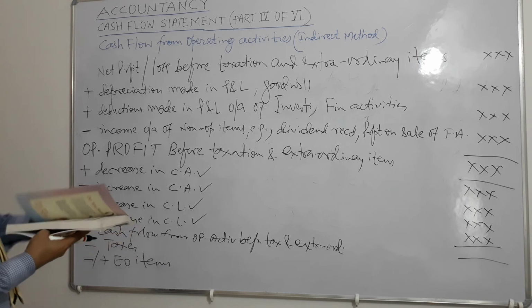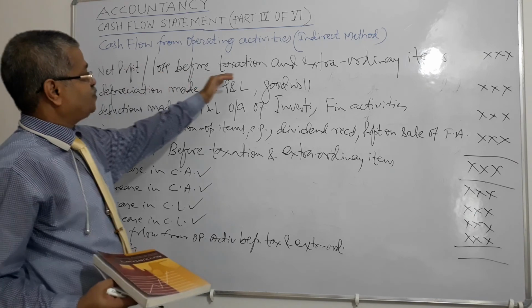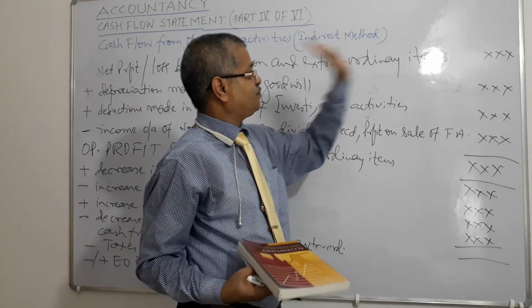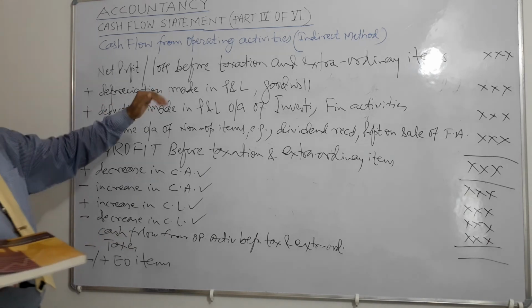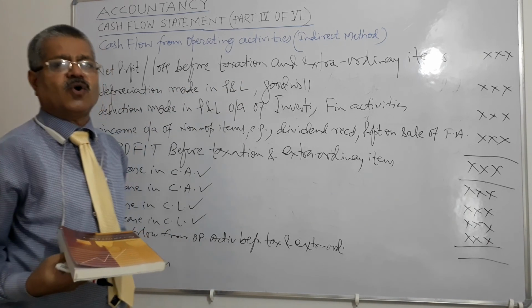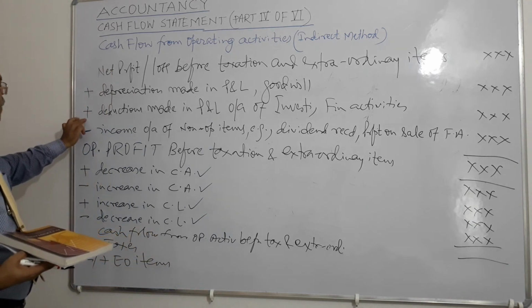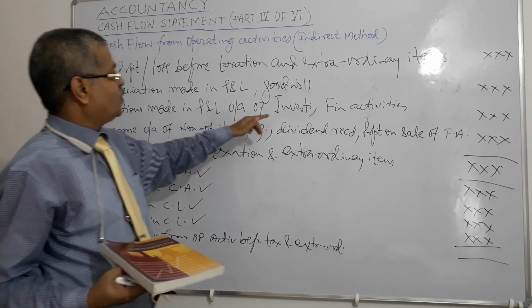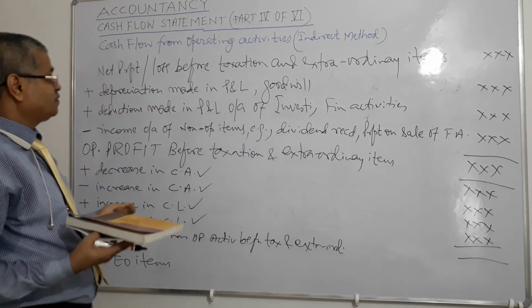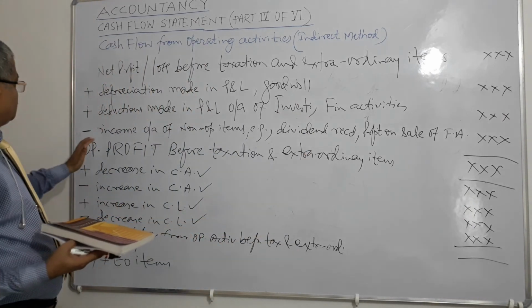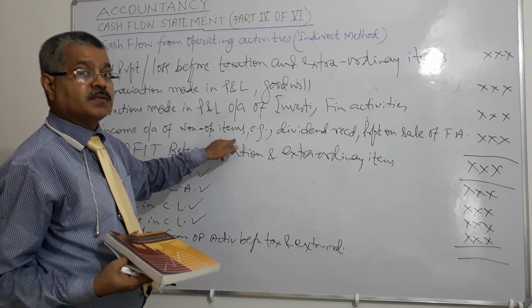So once again, the formula is we start with, in the indirect method, net profit or loss before taxation and extraordinary items. We add depreciation made in P&L, depreciation or goodwill which are non-cash expenses, we add it back. We also add back deduction made in P&L on account of investing or financing activities, whatever items are there in P&L, right? Then we deduct income on account of non-operating items.